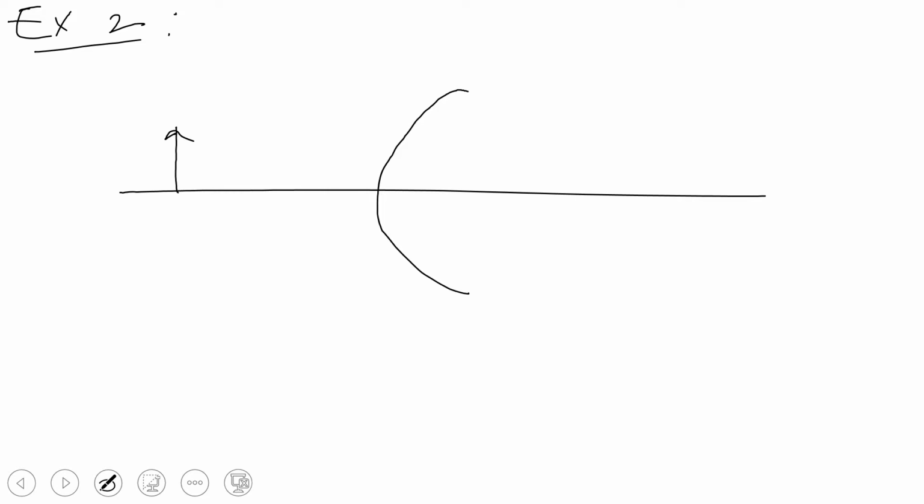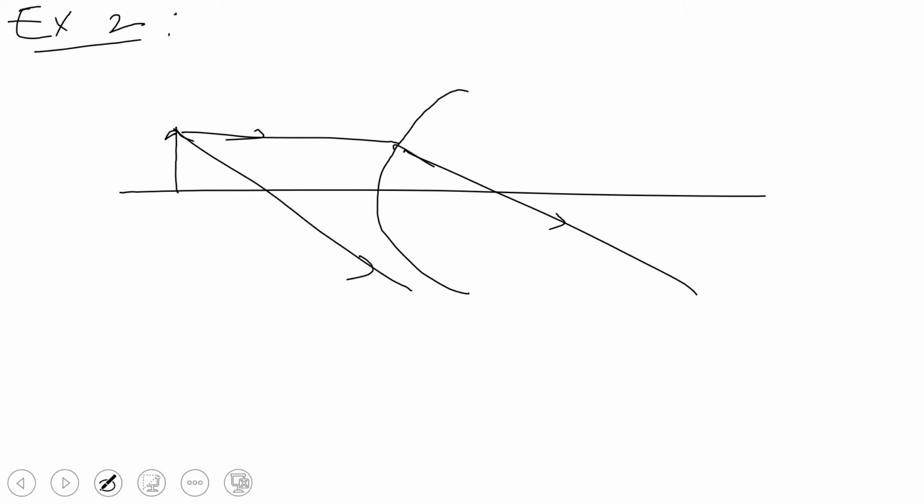Then again, you still have to draw only 2-3 rays to determine where the image is going to be. Clearly, from this extended object, whatever is going up here gets refracted and goes through something like that. And then we have something going down.